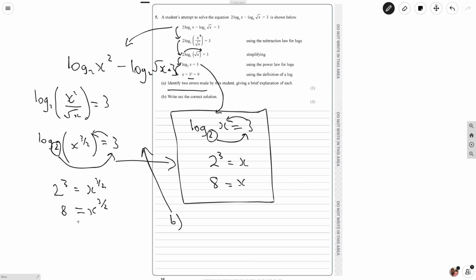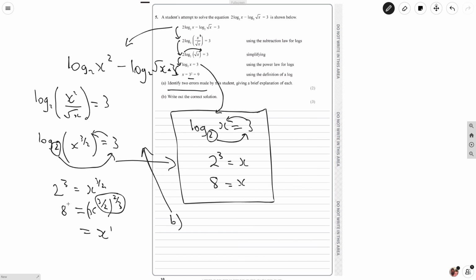We're used to doing x squared equals a number, we know to square root, and x cubed equals a number, we cube root, but people aren't quite so sure what to do when they've got a funny power like 3 over 2. There's a few different ways of doing it, but by far the simplest way is that you're aiming to create an x to the power of 1. To do this, you use a power that is the reciprocal of the one that you've got, because when you multiply those together, which is the correct rule, you'll get x to the power of 1.